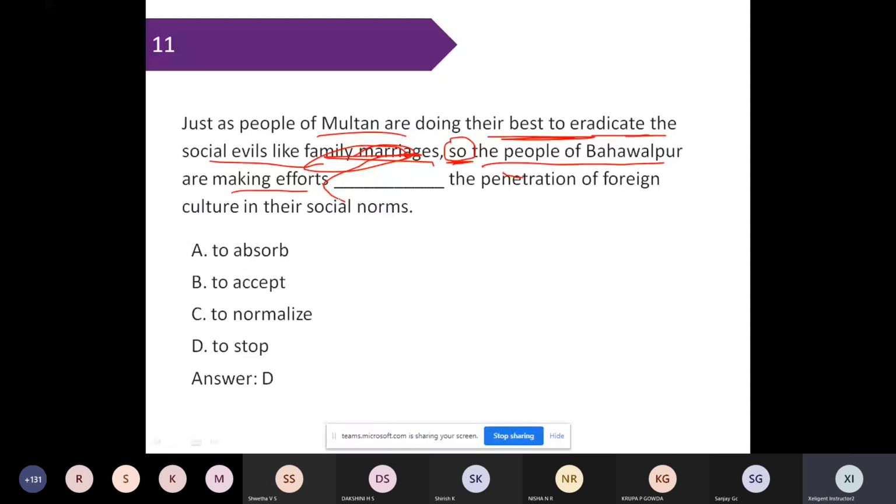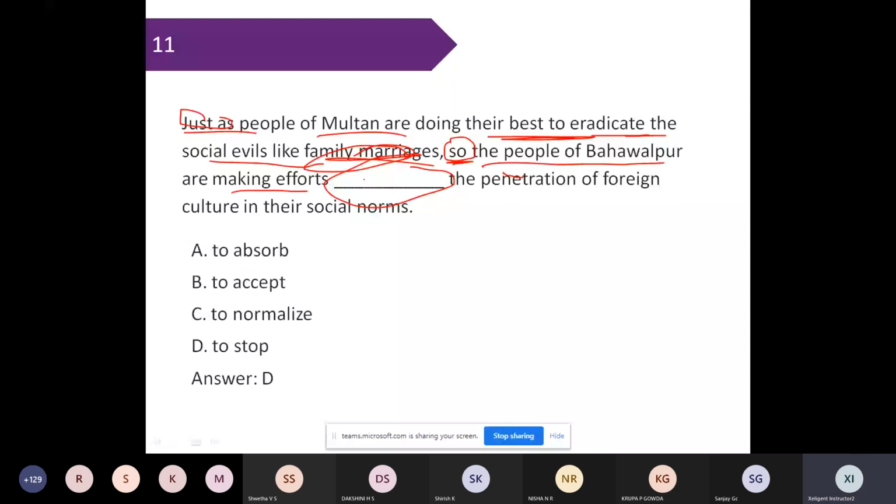Again, "just as" is the keyword. Now you could have understood, right? If you have any doubts in understanding, just let me know, I will explain it again. So you need a word similar to eradication because we have "just as". So the correct answer is to stop.